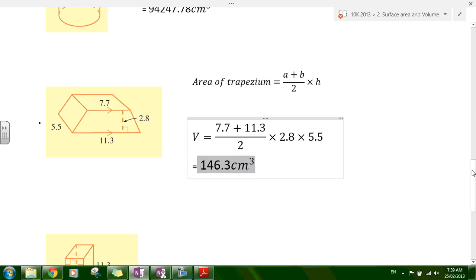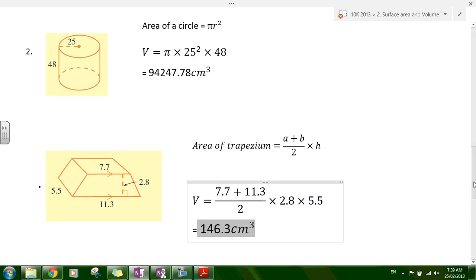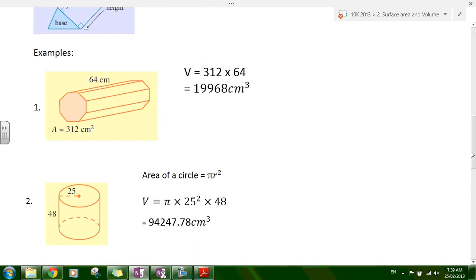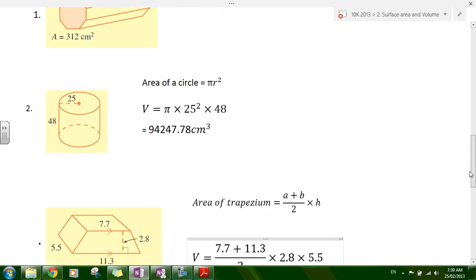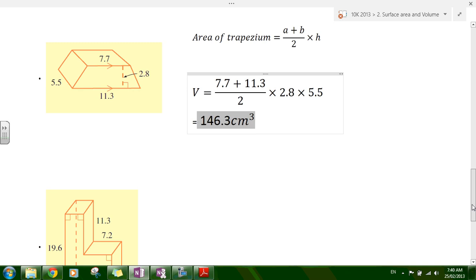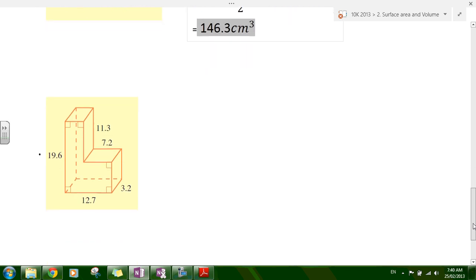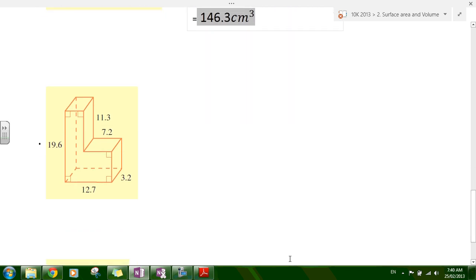146.3. Alright, so here we have the third example. So we've had an octagonal prism where we're given the area, we've got a cylinder, we've had to find the area, and a trapezoidal prism. Now we have one which is kind of like an L shape. You can't directly find the area of this, but there's a few ways that you could break up the surface at the front to find its area. So we'll go ahead and do that.